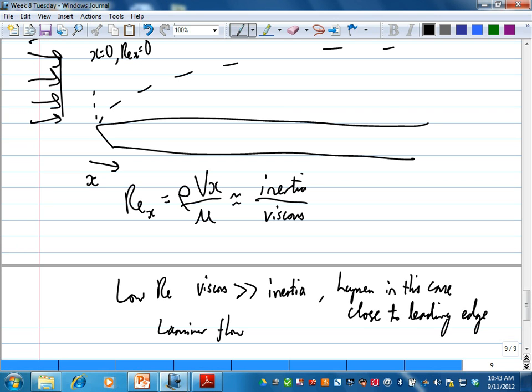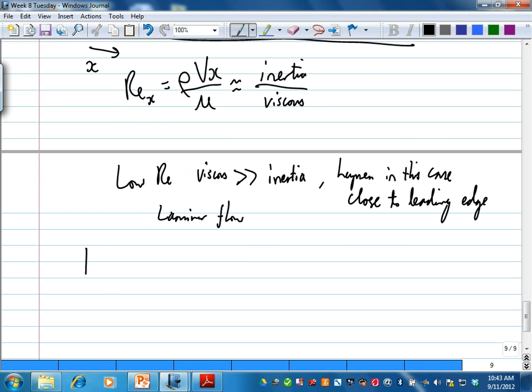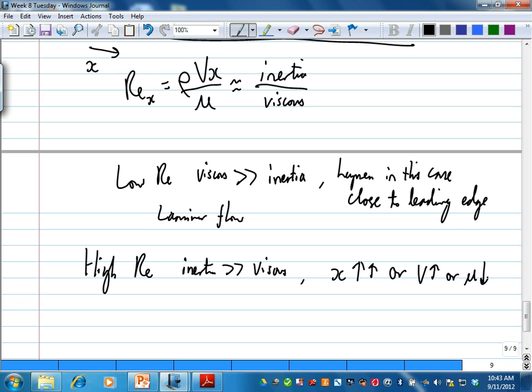But at some point, for this plate, at some high Re, and what is high we'll talk about later, your inertia will start to dominate over your viscous. This happens where x starts to increase, or V starts to increase, or mu starts to go down, whichever combination gives you a high Reynolds number.